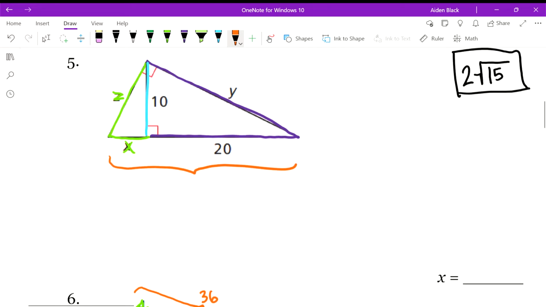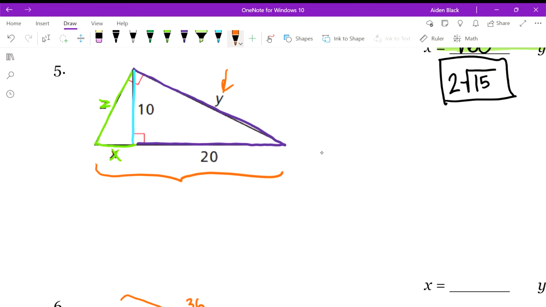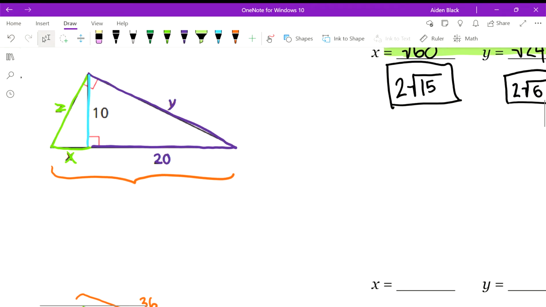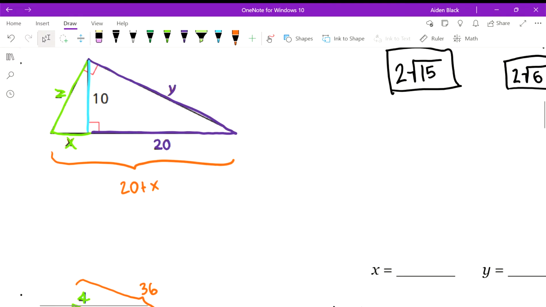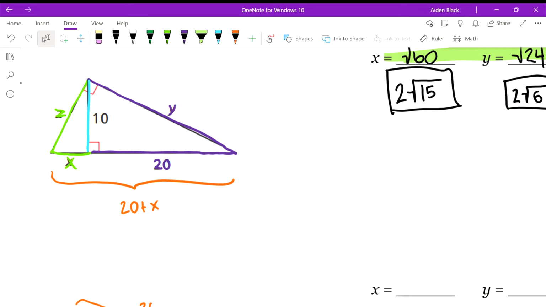So it looks like the leg Y is going to be the easiest one to start with. At least we only have one variable. Oh, you know what? What's the length of the hypotenuse? 20 plus x. So instead of looking at our leg Y, let's look at our altitude, because we do have our altitude.